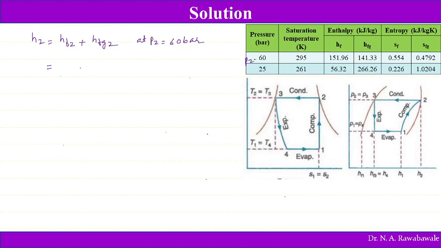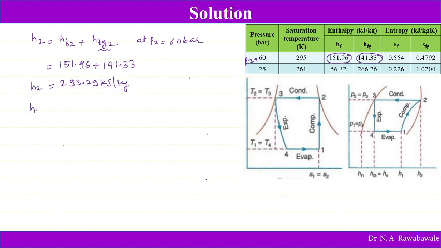So at 60 bar, HF2 is 151.96 plus HFG2 at 60 bar is 141.33. If we simplify this, 151.96 plus 141.33, this is going to be 293.29 kilojoules per kg. So now we obtained H1, we obtained H2.